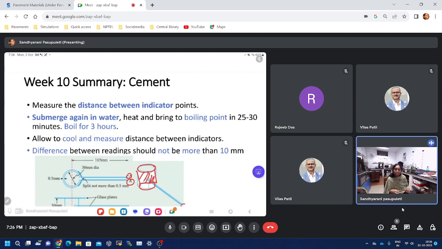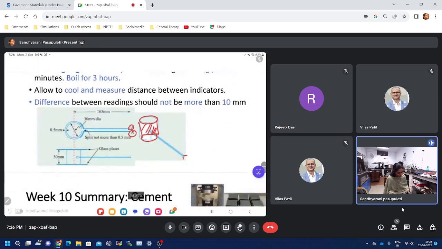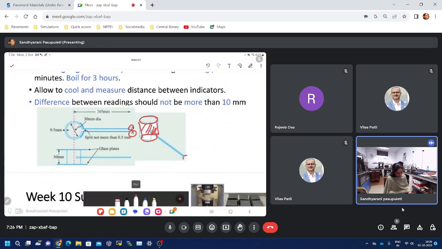That means I am going to exaggerate the chemical reaction. At that time, if there is a higher amount of calcium hydroxide or lime present in the cement, then it will try to expand. Then we can see that there would be a gap between these two bars.